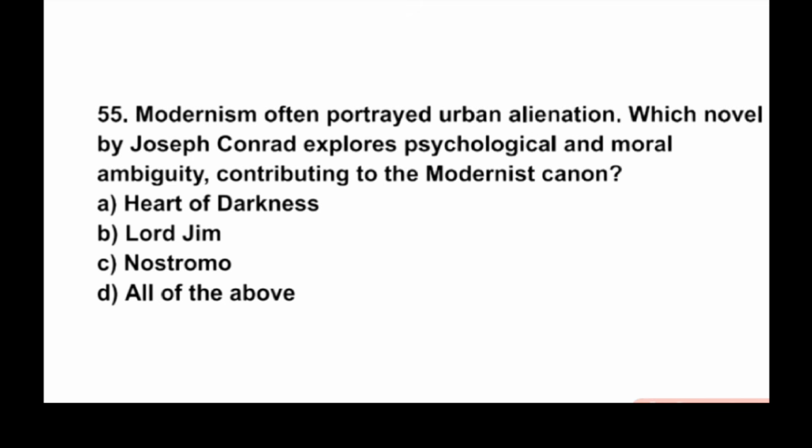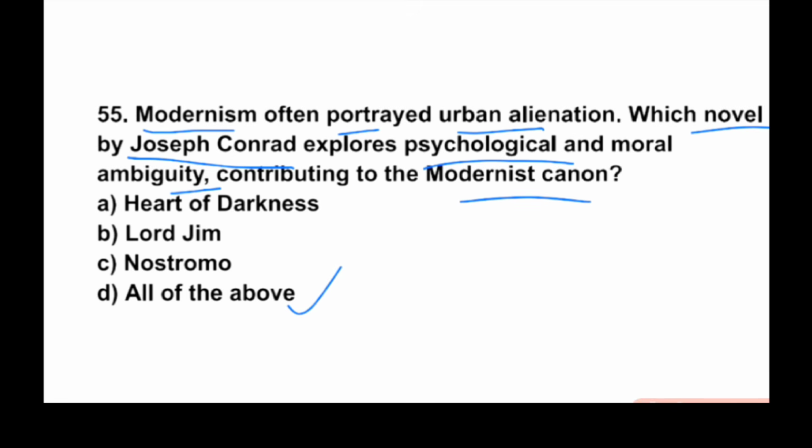So on. Modernism often portrayed urban alienation. Modernism portray करता है क्या? Urban alienation. Which novels by Joseph Conrad explore psychological and moral ambiguity, contributing to the modernist canon? Option D, Heart of Darkness, Lord Jim and Nostromo.